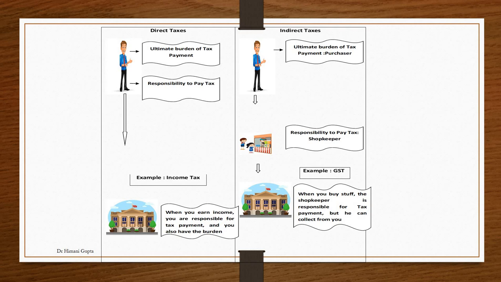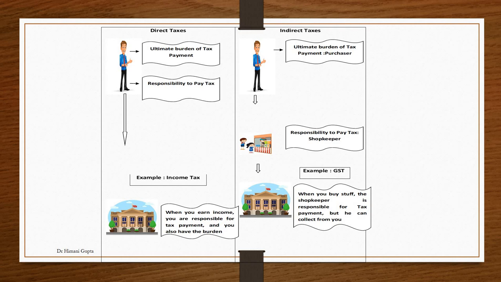Or let's take some other example. You are a company and your final accounts, that means profit and loss account, show the profit. So in that case, the company is responsible to pay tax to the government, and the amount which is to be paid to the government is the burden which falls on the company. So it is known as corporate tax.